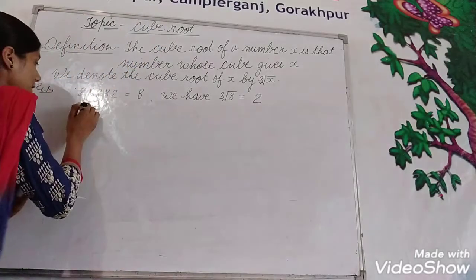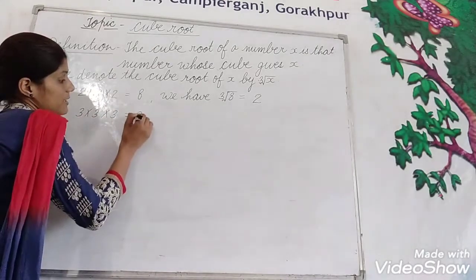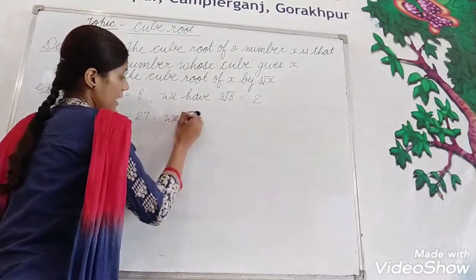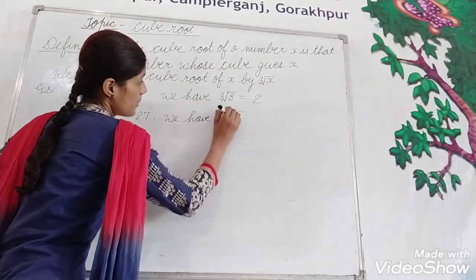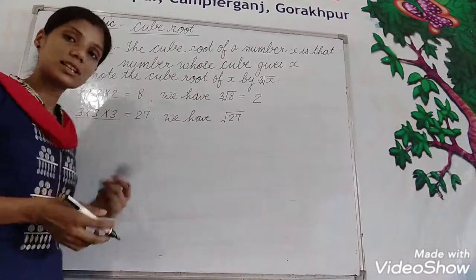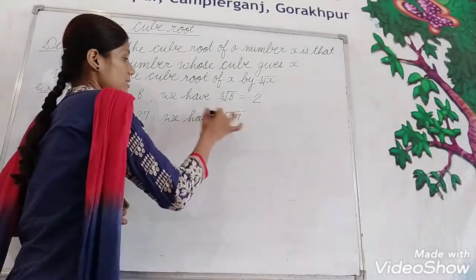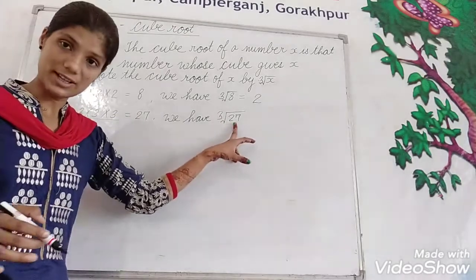After that, 3 multiplied by 3 multiplied by 3 gives 27, and we write it like this: 27, and how many 3s? When we multiply 3 cubed, your answer is 27. So write here 3, that means the cube of 3 is 27.